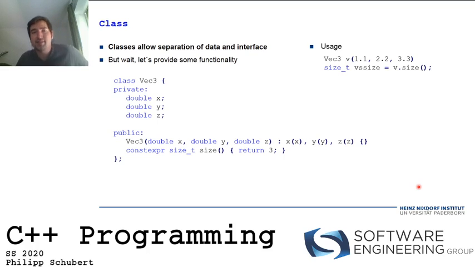Here's a small example of usage of that type. We can now create a variable v of the type vec3. We can initialize it using its constructor and initialize the values x, y, z with the values 1.1, 2.2, 3.3. After we constructed that variable v, we can ask the vector variable for its size by calling the member function, which we do using the dot operator, v.size, and it will just return 3.